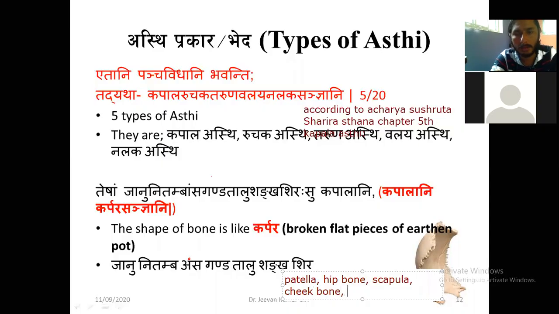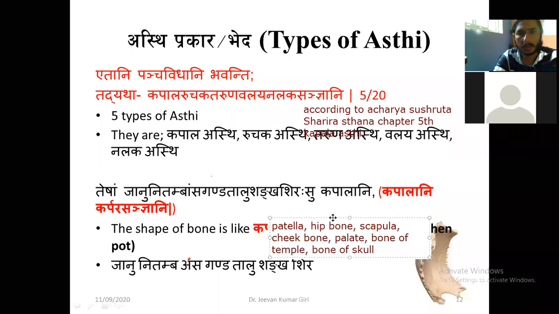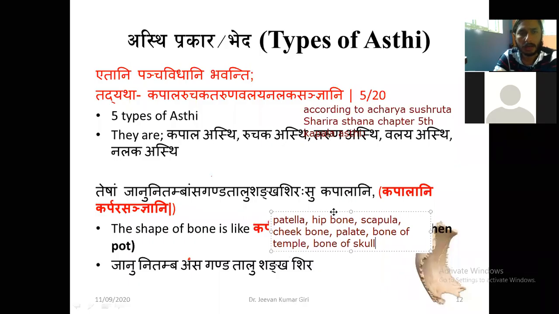Talu is the bone of the palate. Sankha is the bone of the temple, that is the temporal bone. And Sira is the bone of the skull or cranium, the cranial bone. So they are the flat bones or Kapala Asthi.